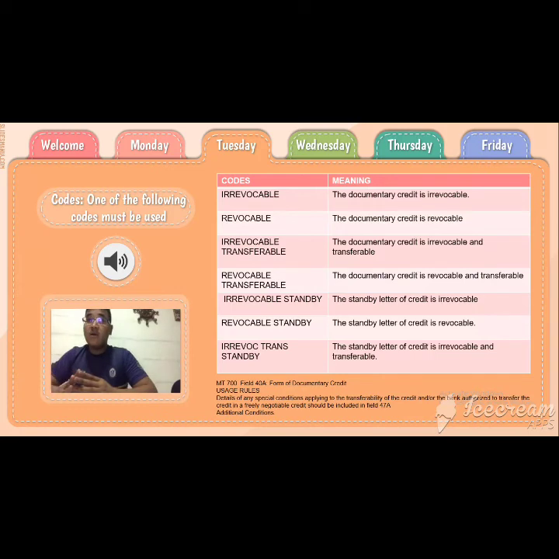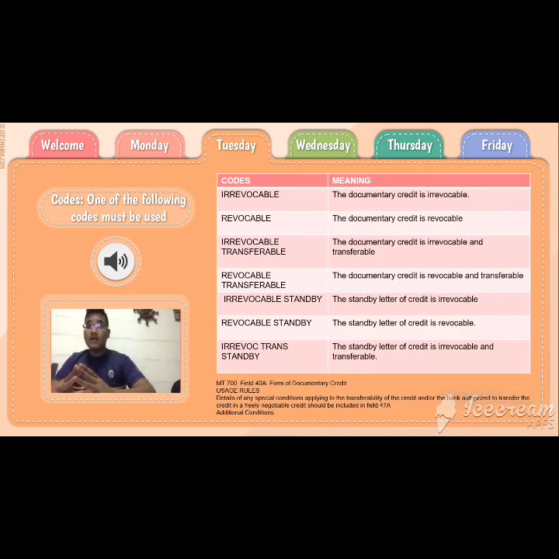Irrevocable transferable allows the beneficiary to transfer some or all of the credit to another party and cannot be changed. Revocable transferable is the same as irrevocable, but it can be changed or revoked. Irrevocable standby is a standby letter of credit that is irrevocable.